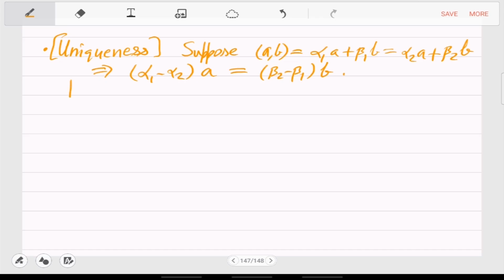What is the magnitude of alpha 1 minus alpha 2? So alpha 1 was strictly smaller than B prime. In fact, alpha 1 you can assume to be positive.